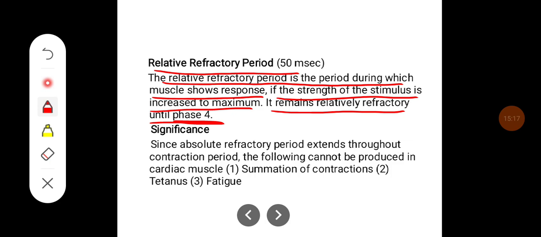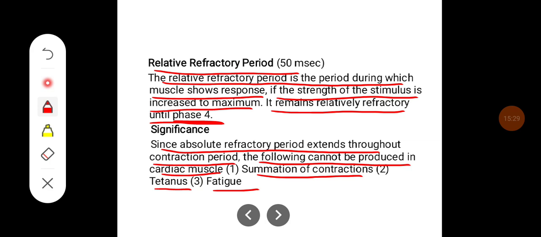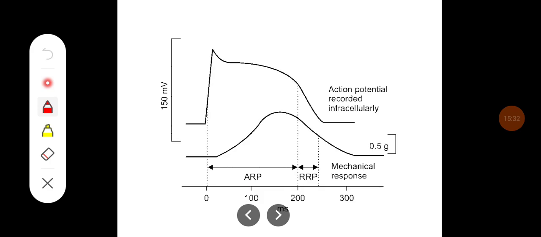The significance of this is that since the absolute refractory period extends throughout the contraction period, the following cannot be produced in the cardiac muscle: the summation of contraction, tetanus and fatigue. This diagram shows the action potential and the myocardial contraction, showing the absolute refractory period and relative refractory period.